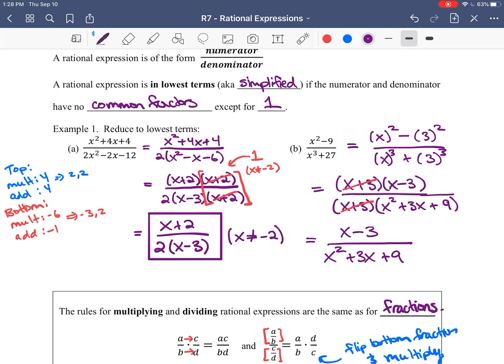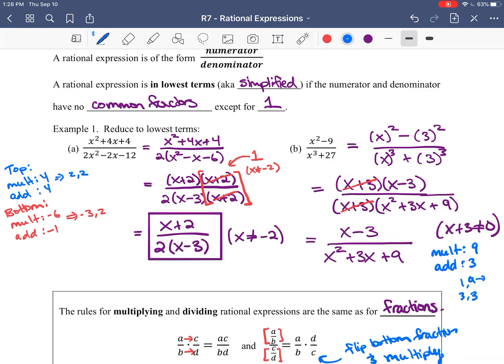Now you might want to think, can we factor the bottom more? If we could, we would want two numbers that multiply to give 9 and add to give 3. To multiply to 9, we have 1 and 9, and 3 and 3.